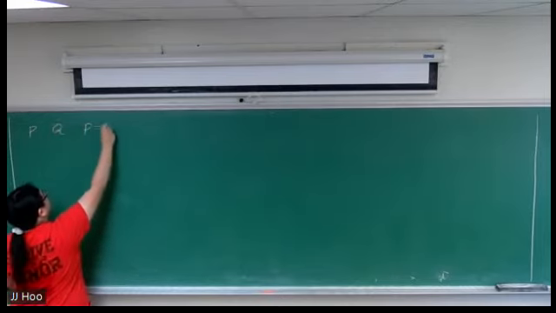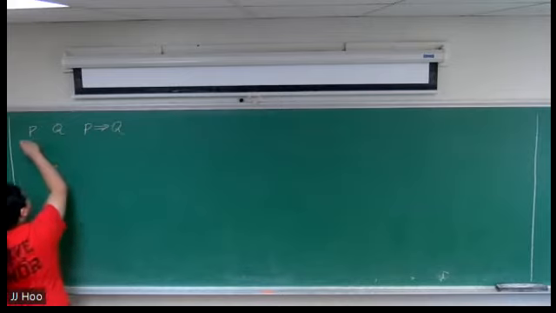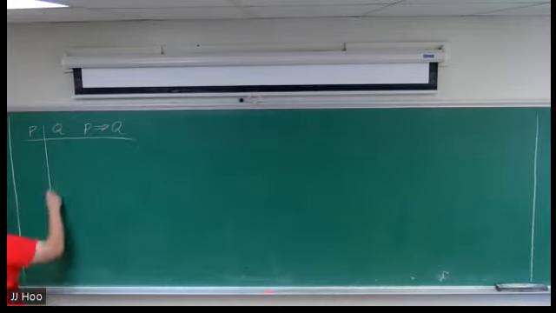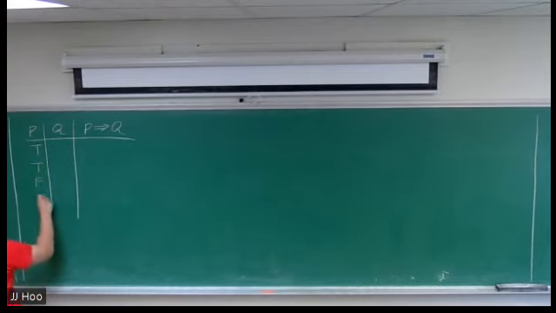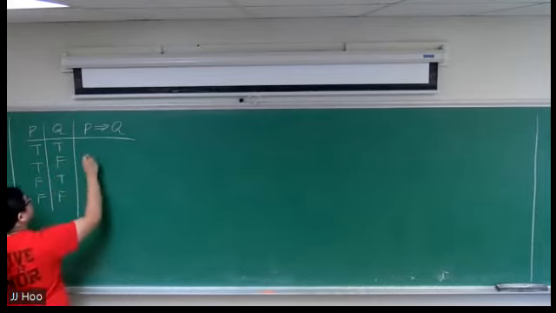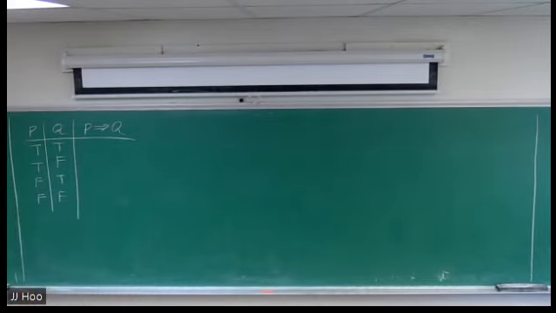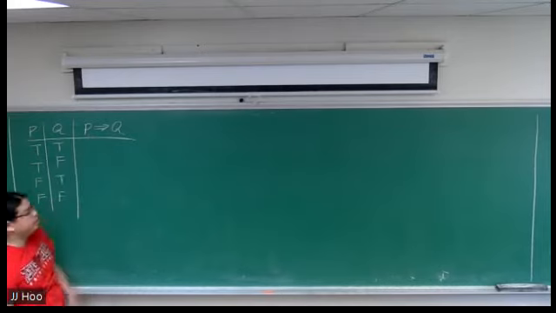So let's have our truth table again, and I'll write out the truth table for P implies Q. We said yesterday that the only time this is false is if P is true and Q is not true, right?